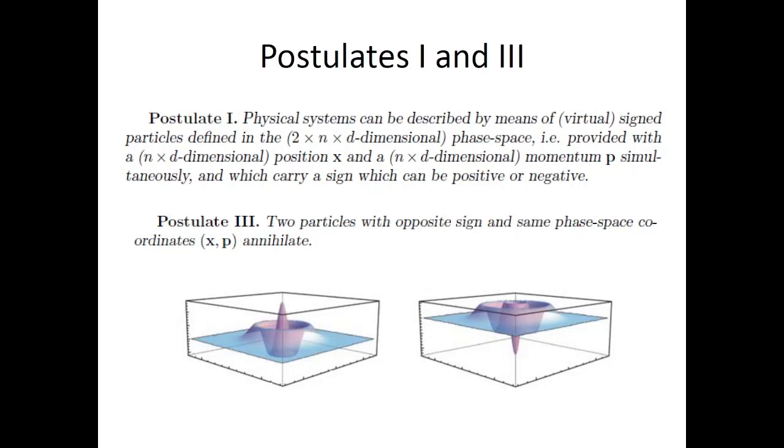The first postulate now is telling us that physical systems can still be described by means of sign particles, but now these sign particles are defined in a 2 times n times d dimensional phase space, where essentially these particles will still have a position x that is now n times d dimensional, and a momentum which is now an n times d dimensional momentum, and they will have position and momentum simultaneously, just like classical particles.